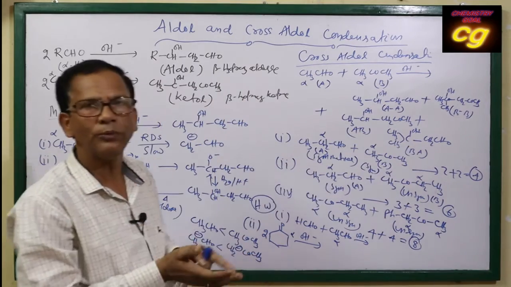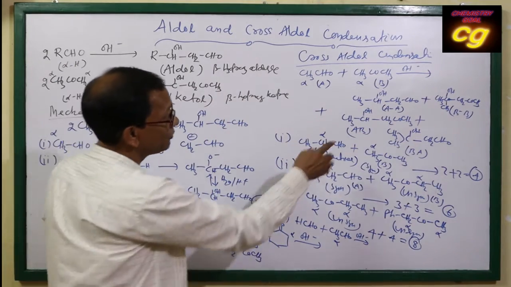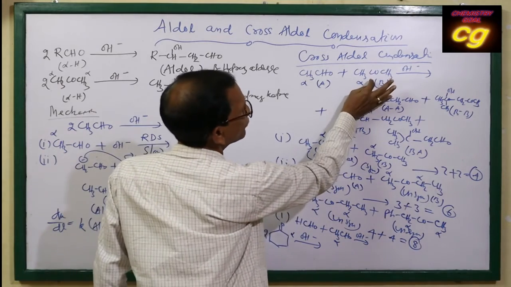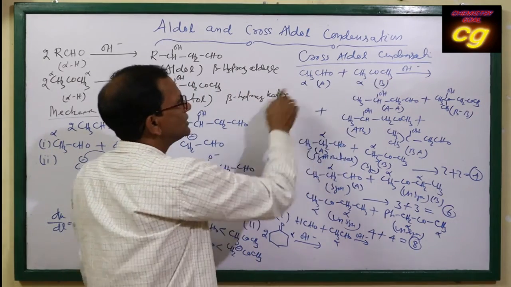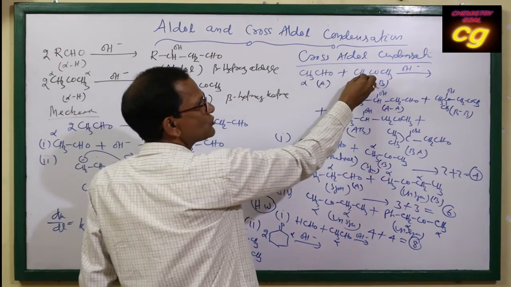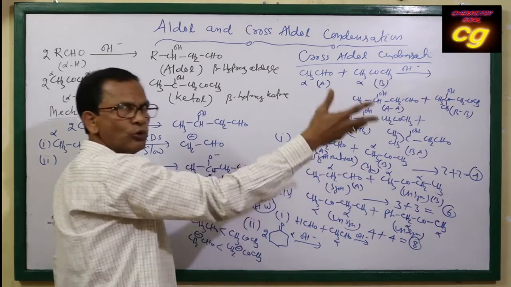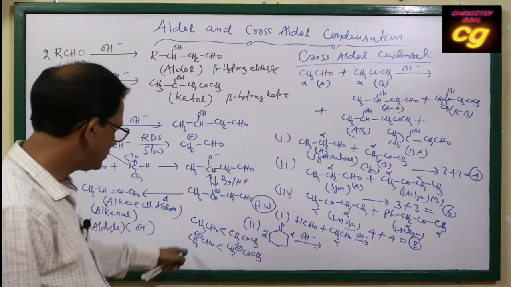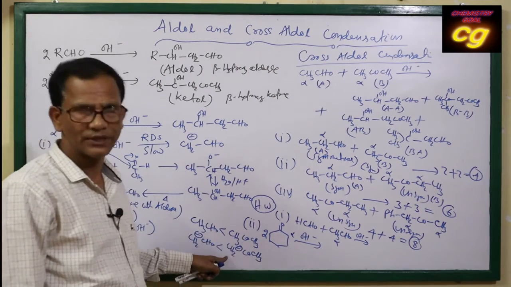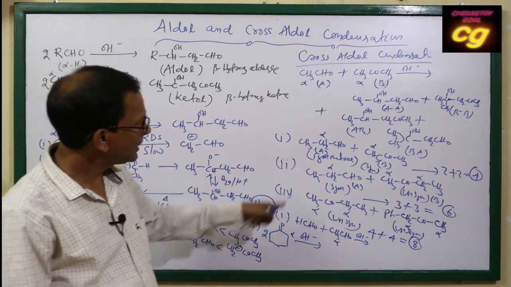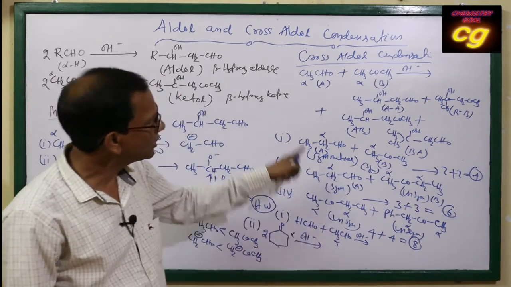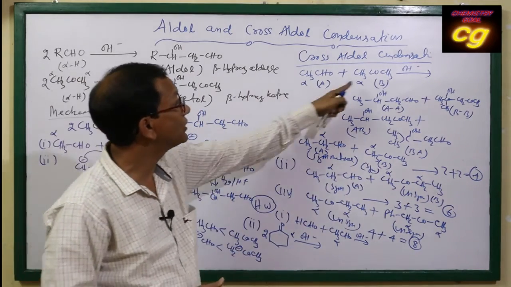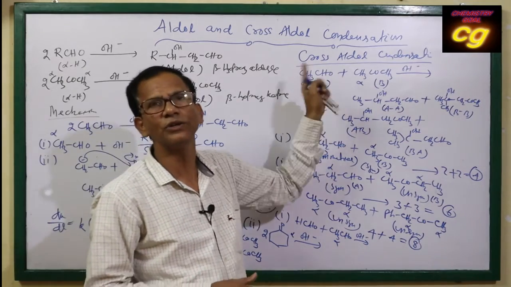If you compare these two cases, the better nucleophile will be this one, the loss of hydrogen compared to this one. So CH2 minus COCH3 is more nucleophilic than CH3CH2 minus CHO. So this is the order of reactivity when a nucleophile is formed. The number of cross aldol condensation products depends upon the nature of the reactant, the aldehyde or ketone used.